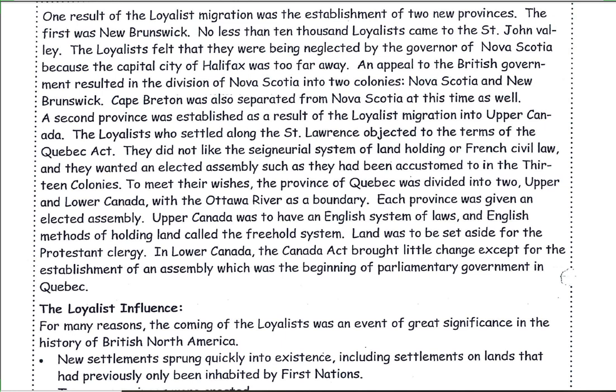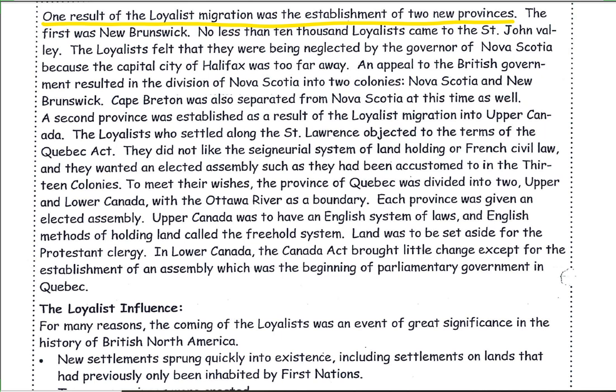One result of the Loyalist migration was the establishment of 2 new provinces. The first was New Brunswick. No less than 10,000 Loyalists came to the St. John Valley.